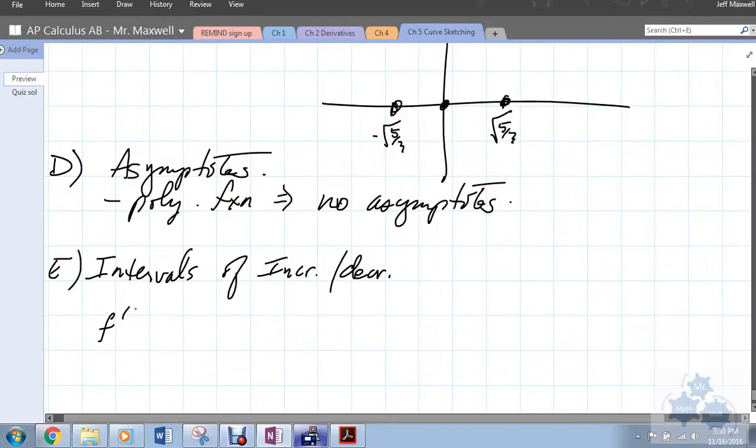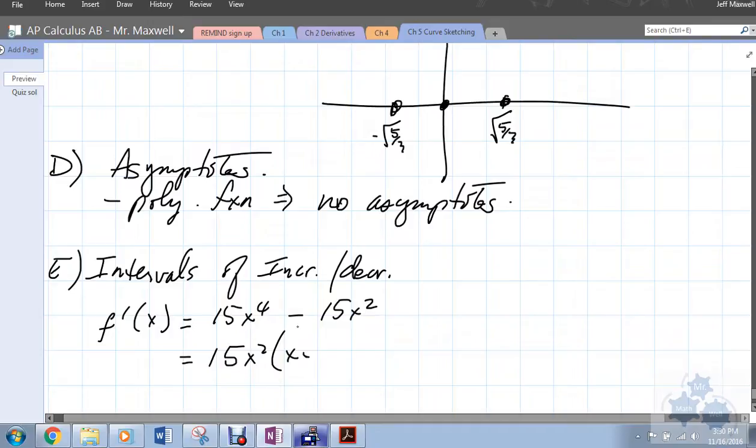So the derivative is 15x to the fourth minus 15x squared, and if we factor that, we get 15x squared times x squared minus 1. And this is, of course, the difference of squares, so really you could write this as 15x squared times x minus 1 times x plus 1.